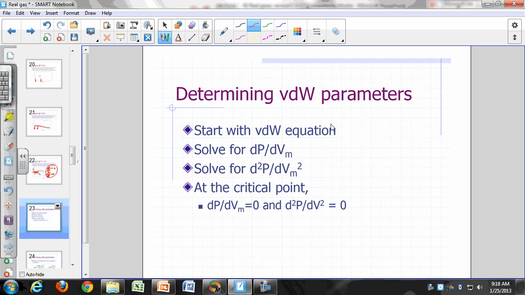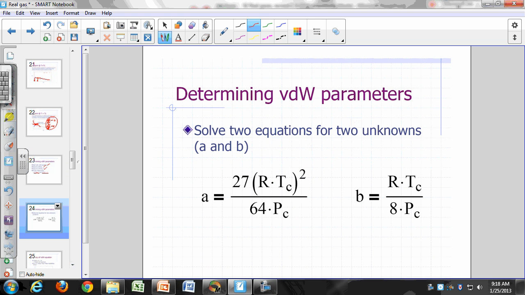So you start with the van der Waals equation, take the derivative of P with respect to Vm, the molar volume, take the second derivative, set those first and second derivatives equal to 0, and what you get is you'll find that you can solve for a. The van der Waals parameter a would just be 27 times R squared times Tc squared, where Tc is the critical temperature, divided by 64 times the critical pressure.